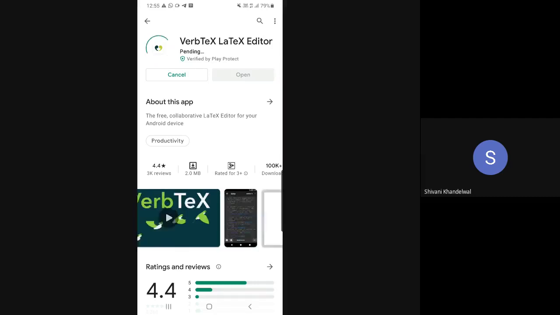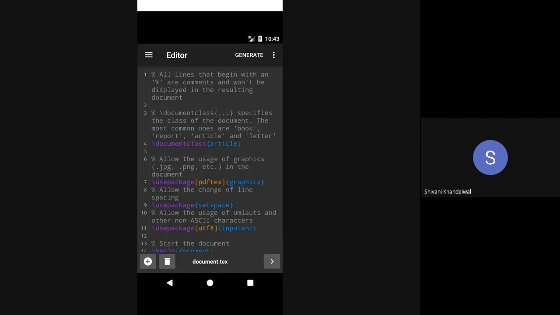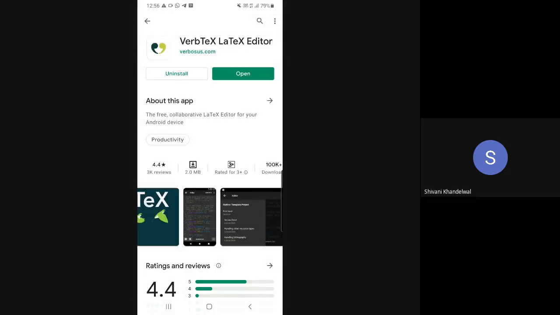Actually, it looks like this one. So you can, whatever the things we have in our laptop or PC, the same thing will appear here. And if you click on generate, it will generate a PDF of whatever program we have run. Okay, it is downloaded.